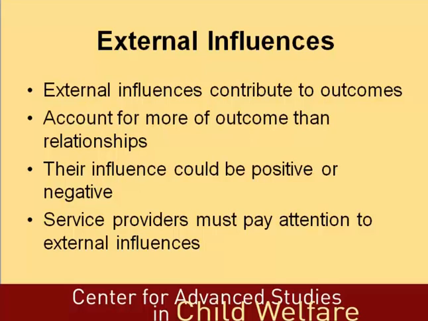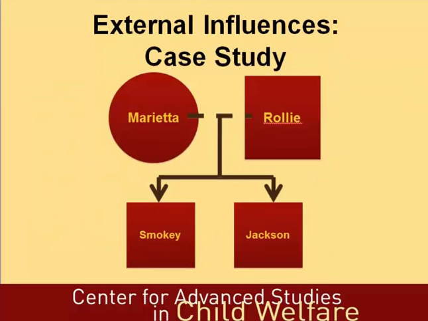For successful outcomes, case managers have to know what is going on for children and their families and be prepared to advocate. In an ACE case, Marietta and her 9-year-old son Jackson were doing well once Marietta left her abusive husband and, with the help of social services, found an apartment, quit using meth, and enrolled Jackson in a school that could meet his special needs.